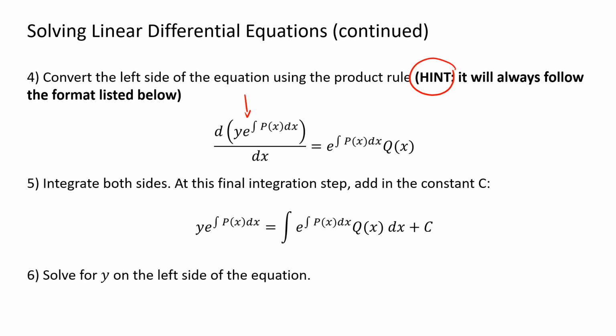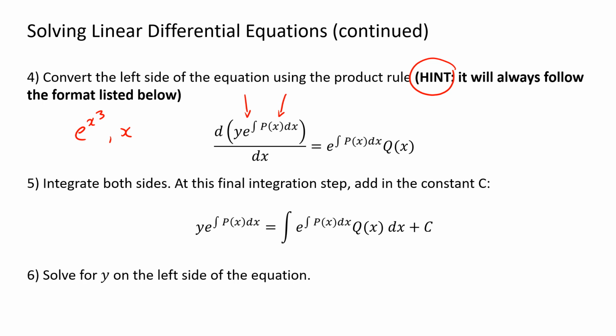I show the integrating factor in the basic form, but you've seen it be e to the x cubed, or maybe it's just x. It depends on whatever that integrating factor is. On the right-hand side, what you end up with is your function q of x, which hasn't changed, multiplied by that integrating factor.